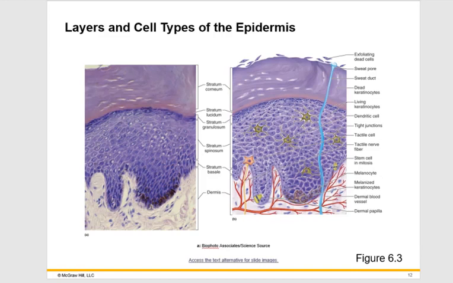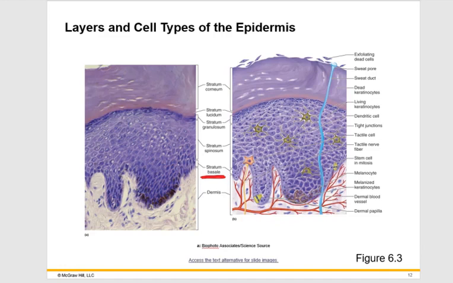On the microscopic level, this shows you different structures of the epidermis. The epidermis has several layers. The deepest layer, that is a single layer, is the basal layer, stratum basale. This is the area where you have your stem cells.